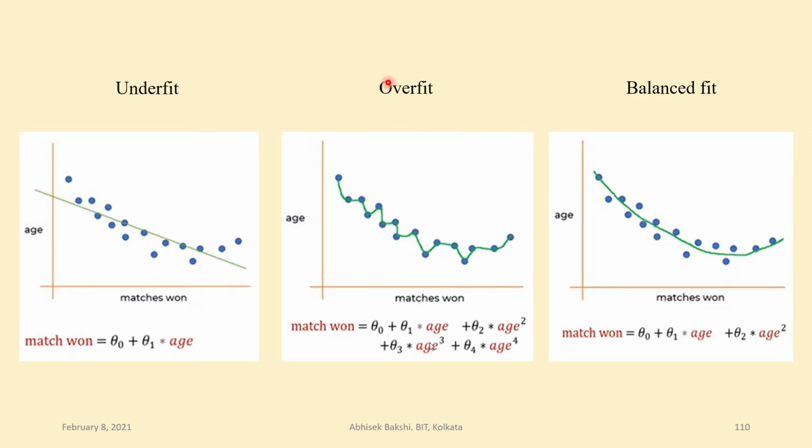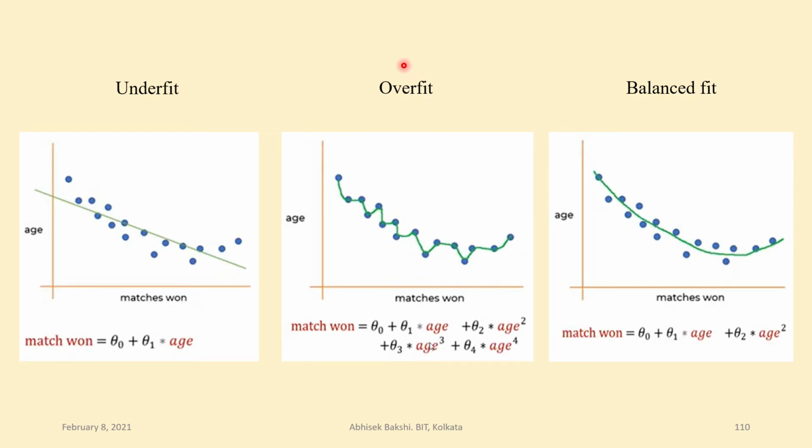The concept of overfitting we have already seen in our previous lecture. So if it's not clear in your mind what overfitting means, maybe you can go back to my previous lecture and check it.